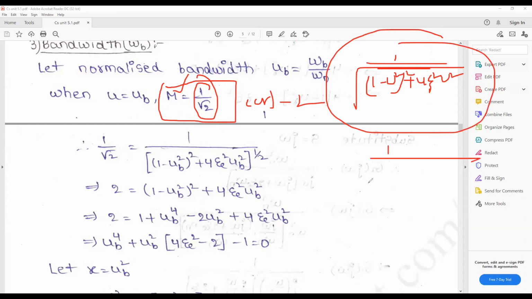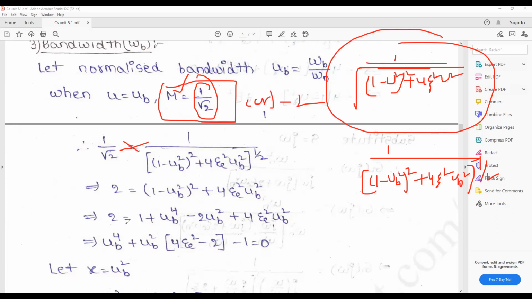So 1 by square root of 2 equals this, where u is considered as ub, the bandwidth: ub square whole square plus 4 neta square ub square whole to the power of 1 by 2. Okay, so in the cross multiplication, square root of 2 is equal to this one. So the square root is cancelled on both sides.